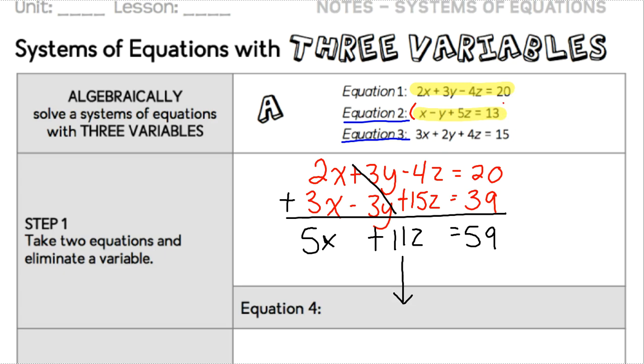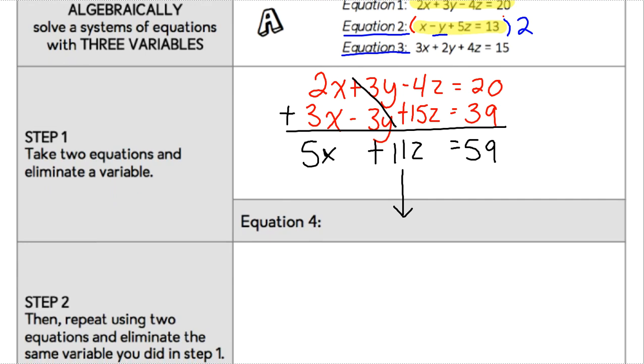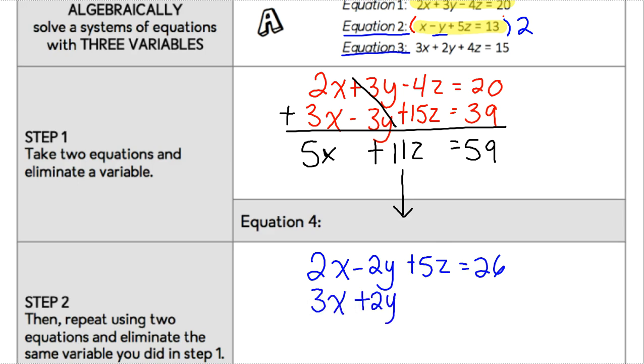So rather than multiplying by 3, in order to eliminate the y's now, this needs to be multiplied by 2 this time. That way I can eliminate it. So that first equation is now 2x minus 2y plus 5z equals 26. And the second one we're just copying down, 3x plus 2y plus 4z equals 15.